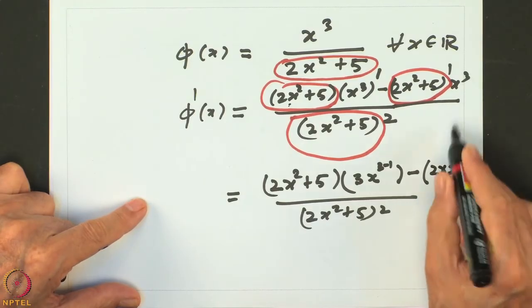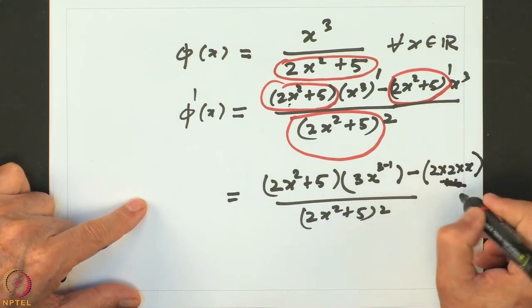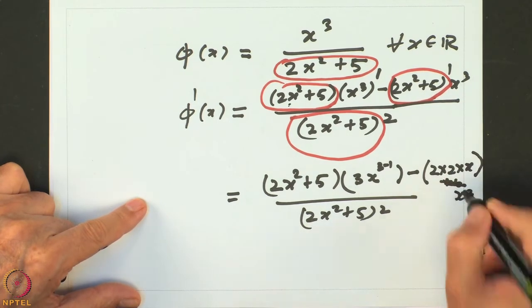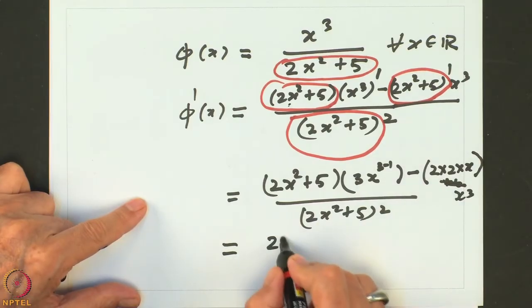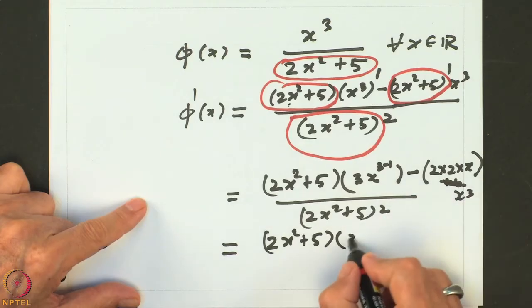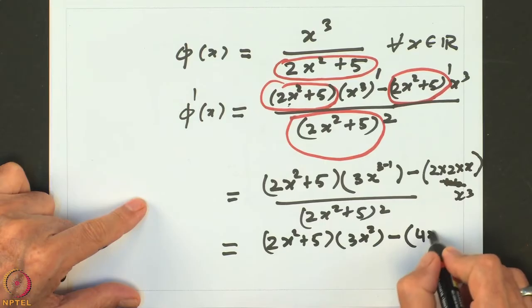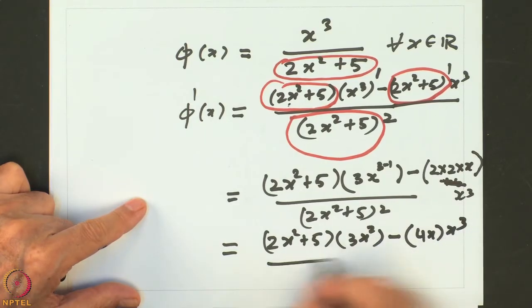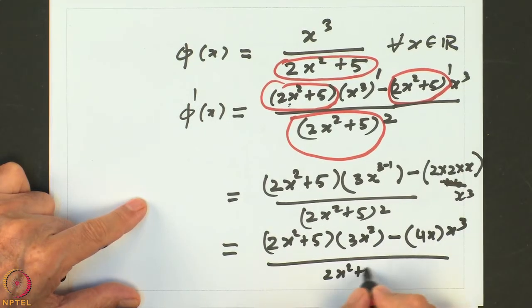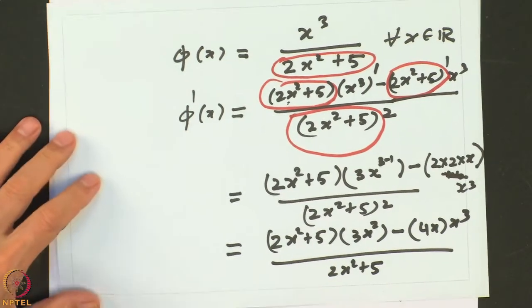The derivative of 5 is 0, a constant, so we forget that. That is multiplied into x cube. So, let us simplify this. It is 2x square plus 5 into the derivative, that is 3x square, minus 4x multiplied by x cube, divided by 2x square plus 5 whole square. So, this is how you will compute the derivative for a quotient function.